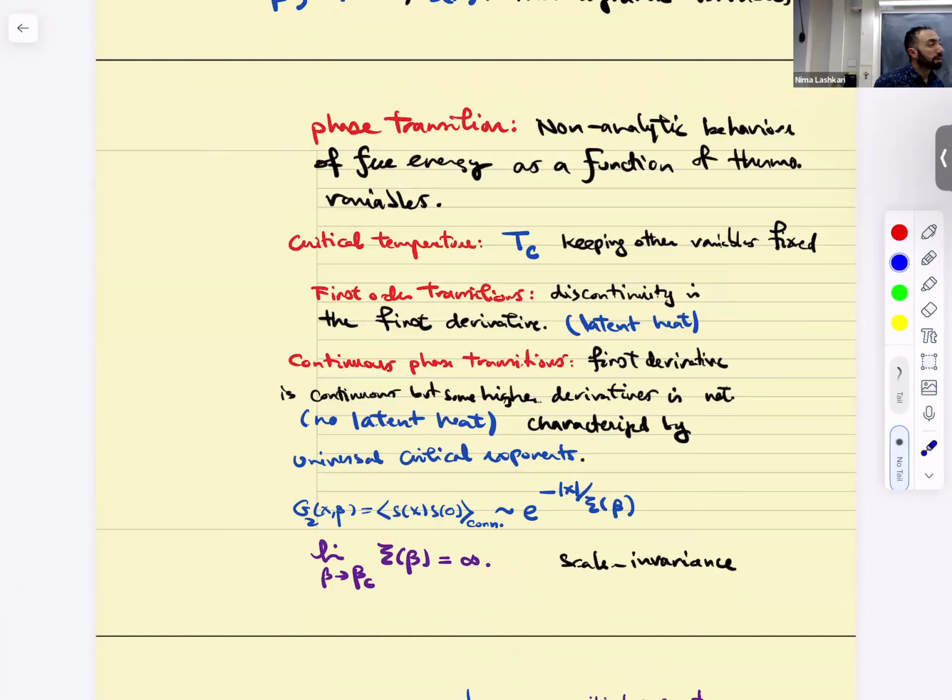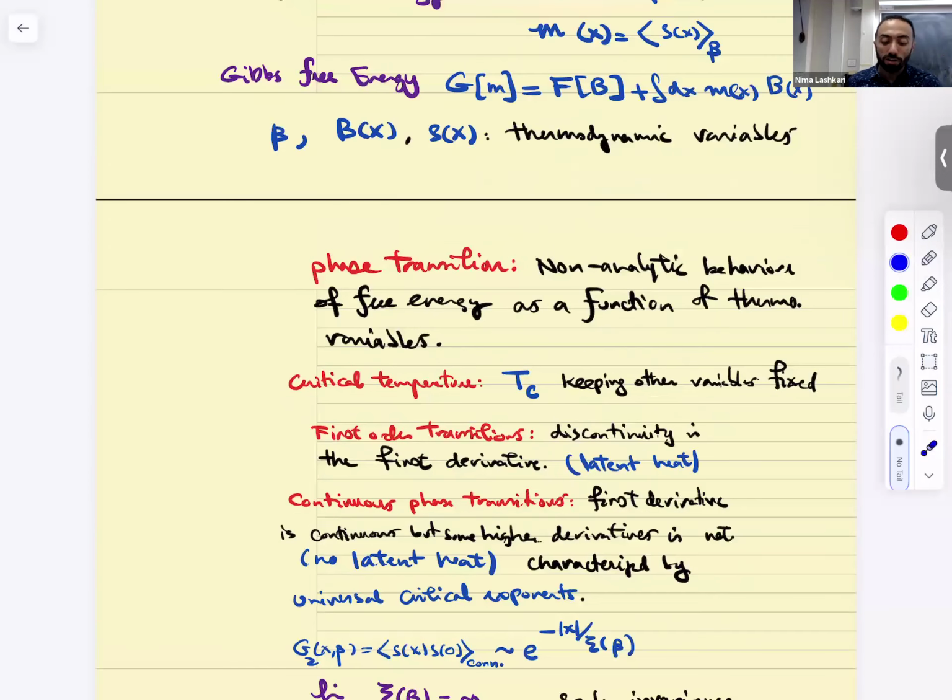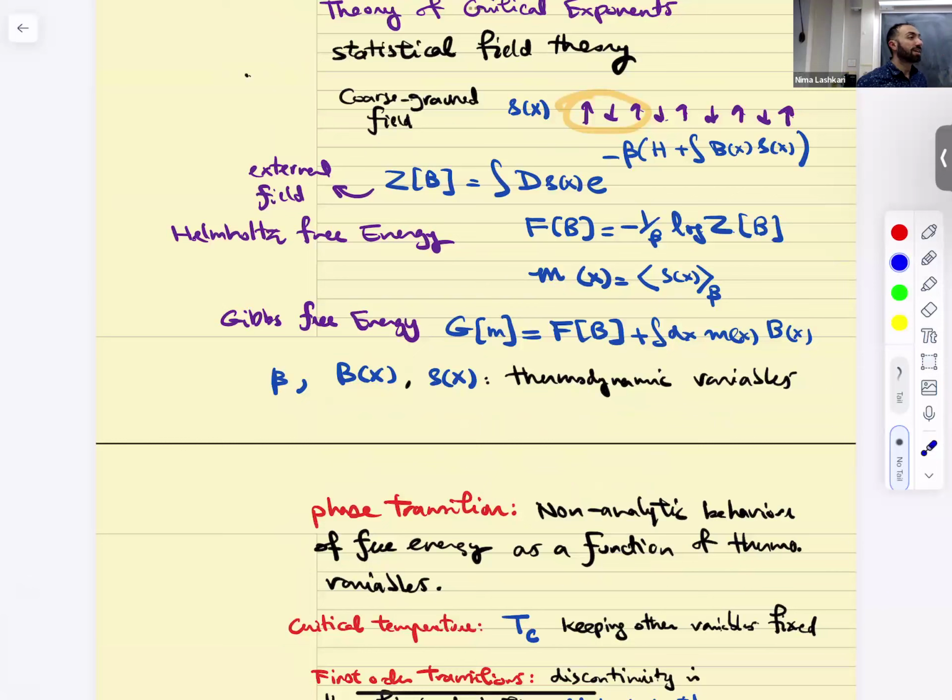Non-analytic, meaning that, for example, the first derivative of these thermodynamic quantities could be discontinuous, in which case we have a non-analytic behavior, but it's not always true.